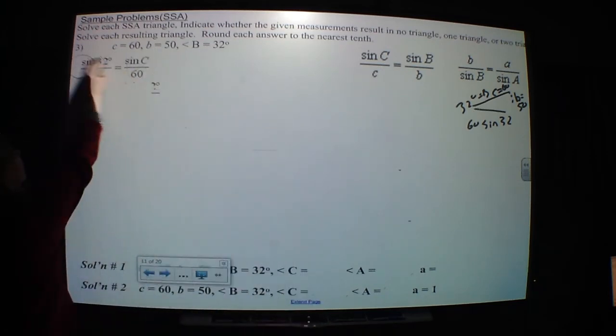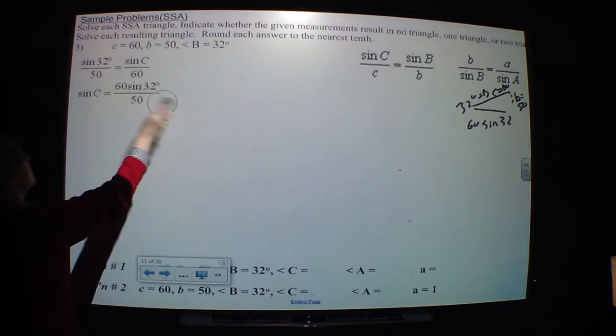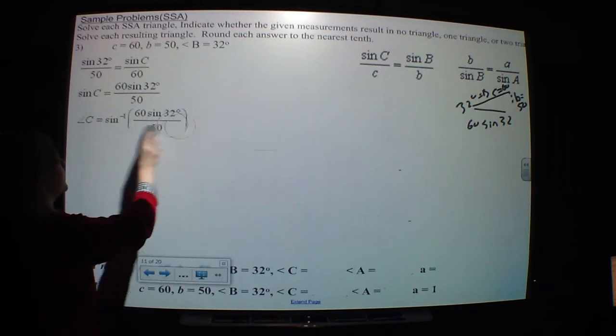So now, use law of sines. So sine of 32, which is my angle B, over side B, which is 50, is equal to sine of C over 60. Multiply by 60, and then take the inverse sine. Okay?